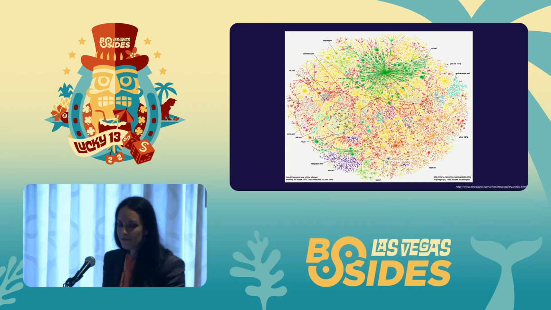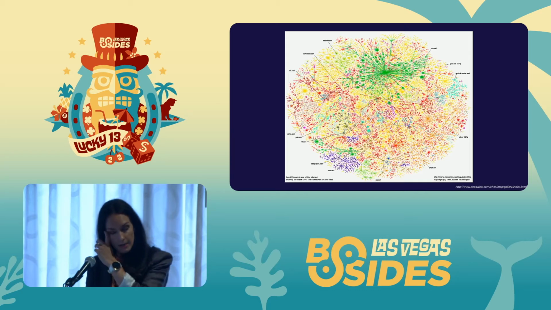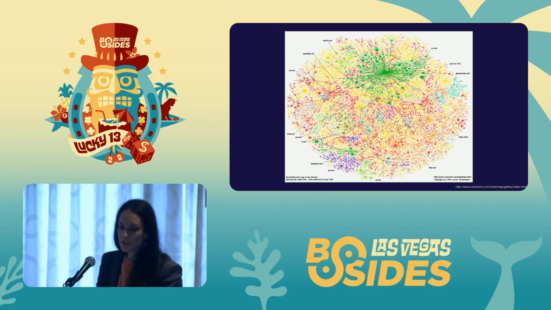And then fast forward 30 years to 1999, and this is from the Internet Mapping Project, and it's showing relationships between some of the major ISPs. And you can see that even within 30 years, from 1969 to 99, there's a tremendous amount of growth and change on the internet.